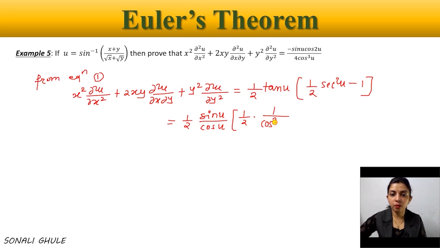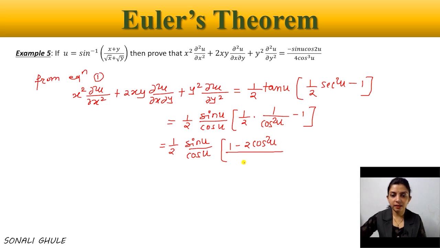Yes, it is 1 upon cos square u minus 1. Now do the cross multiplication here. What I can write? 1 by 2 sine u upon cos u, right? And it will be 1 minus 2 cos square u upon, yes, it is 2 cos square u.